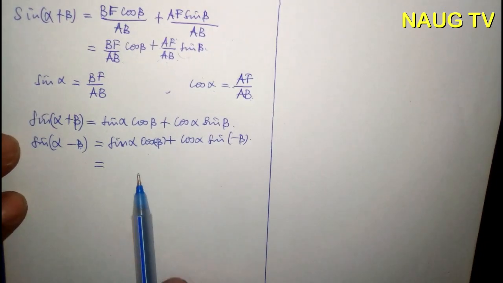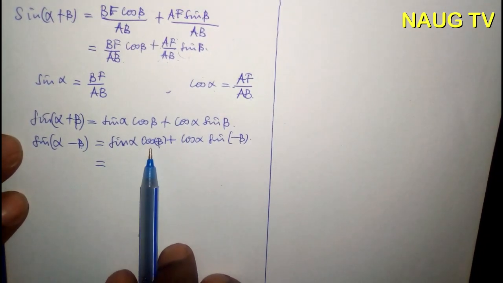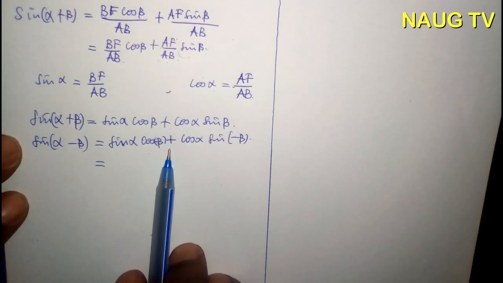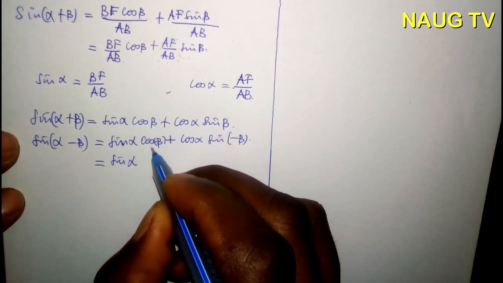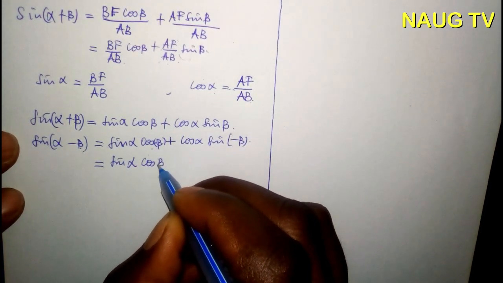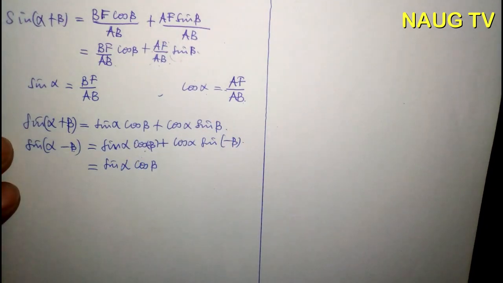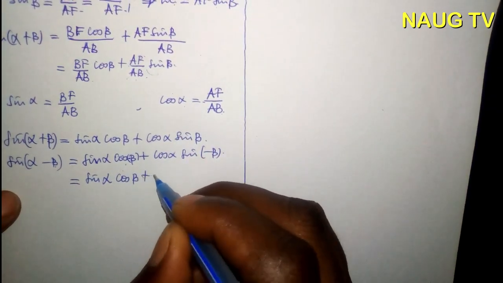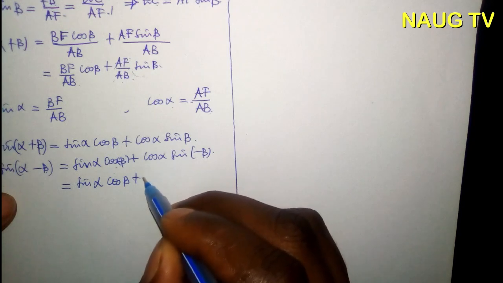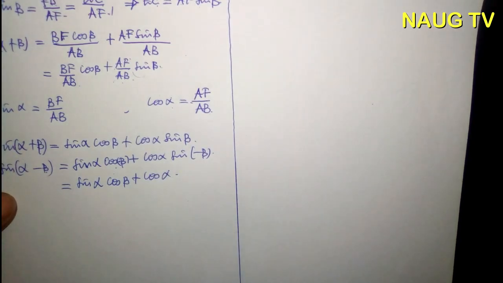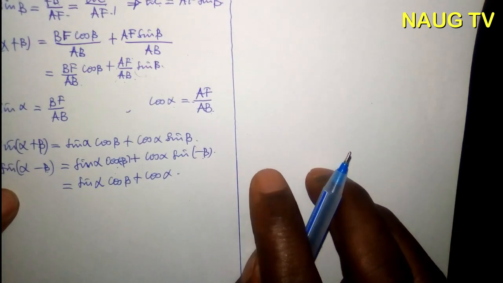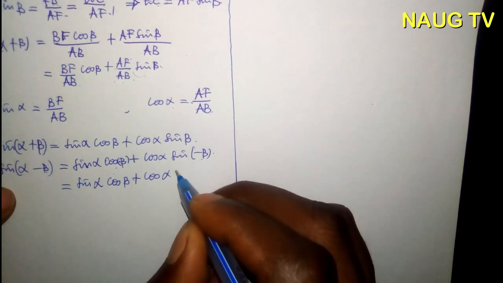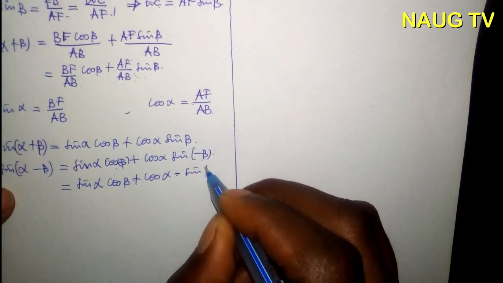Because cosine of a negative angle equals cosine of that angle which is not negative, we would write sine of alpha times cosine beta, plus cosine of alpha, but sine of a negative angle equals negative sine of that angle, so here we would have negative sine beta.